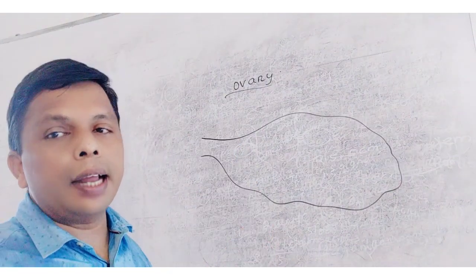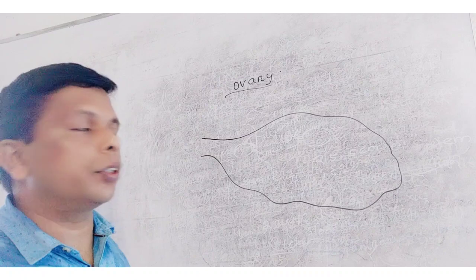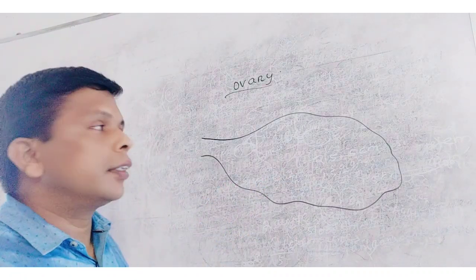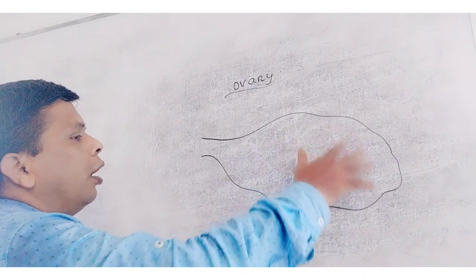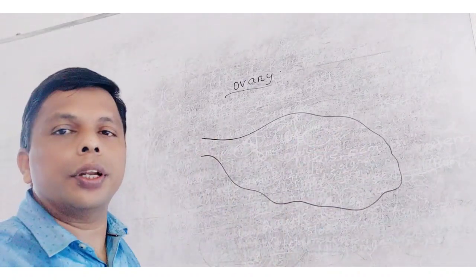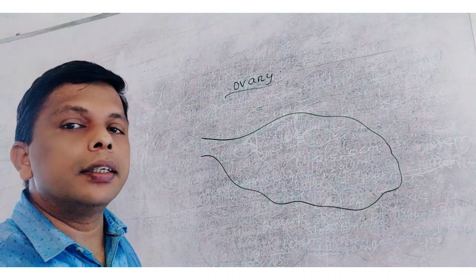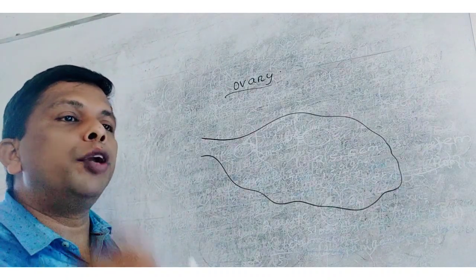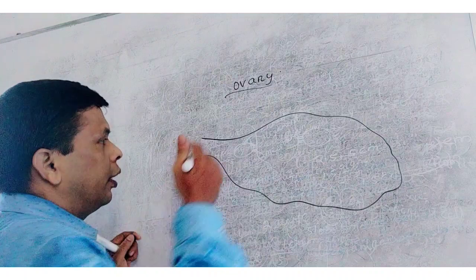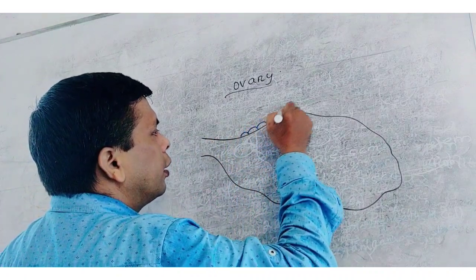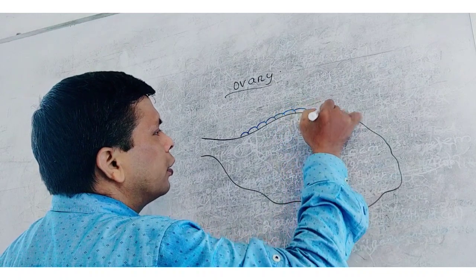Externally, the ovaries are lined by a layer of cells.